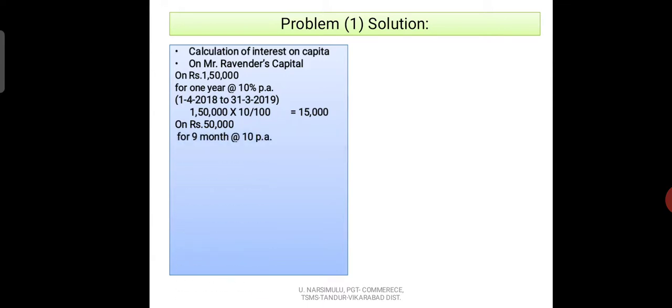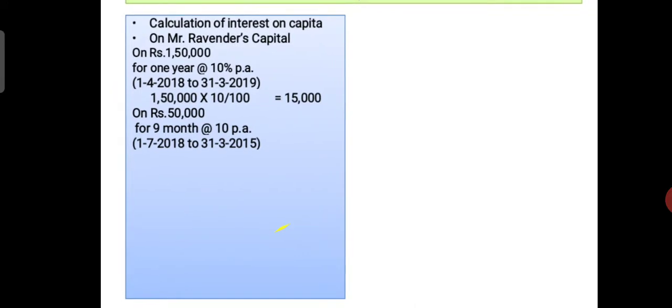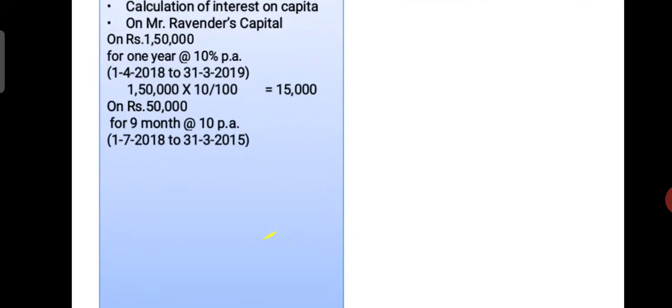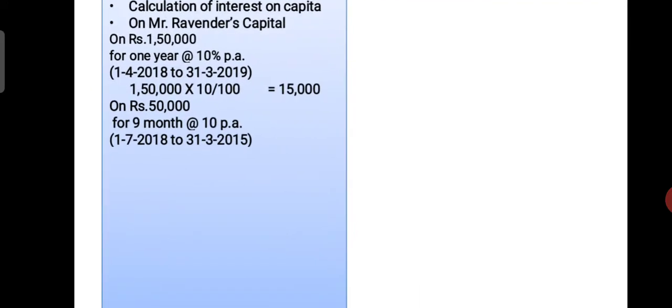We can calculate the interest for 9 months. Here we calculate interest for 9 months.